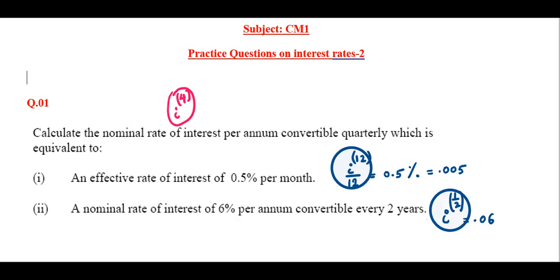For everything, we'll use this formula: 1 plus i-p upon p, power p. If you are not sure about the symbol, the actual symbol, you can go back and see my earlier videos, 1, 2, 3.